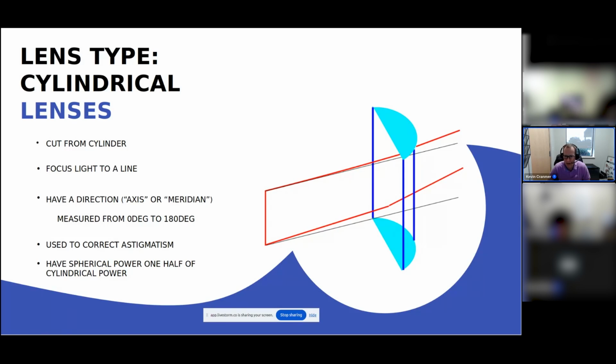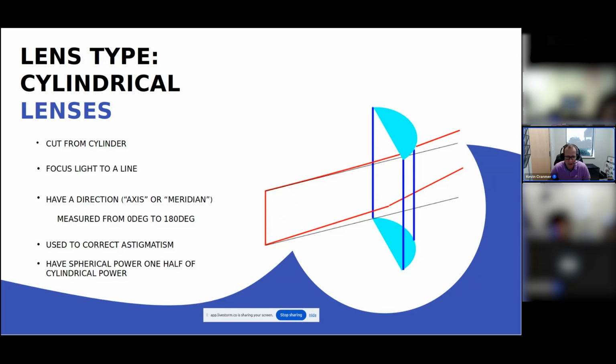But it only does that in one direction because the lens is flat in the other direction. So light, with a cylindrical lens, will focus to a line. At some point in that light path, if you're looking at light from a distant source, it's going to focus it down to a line.